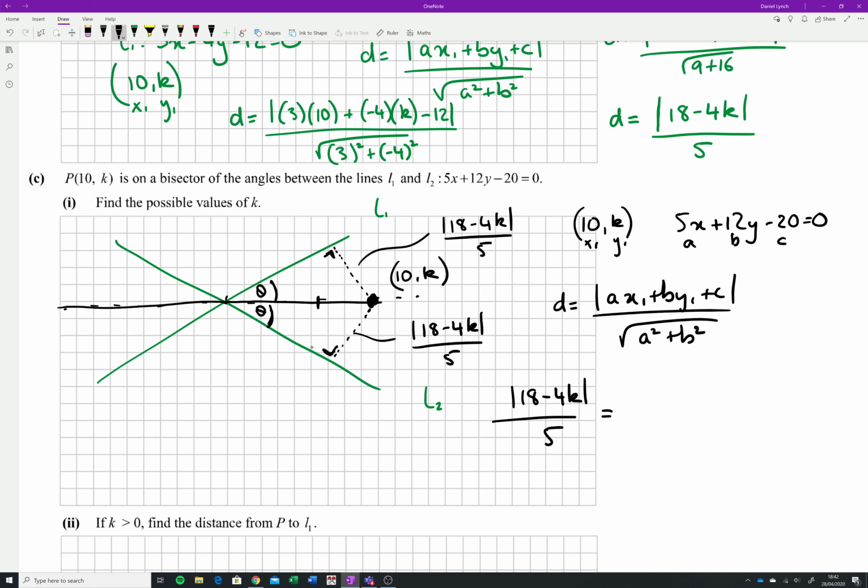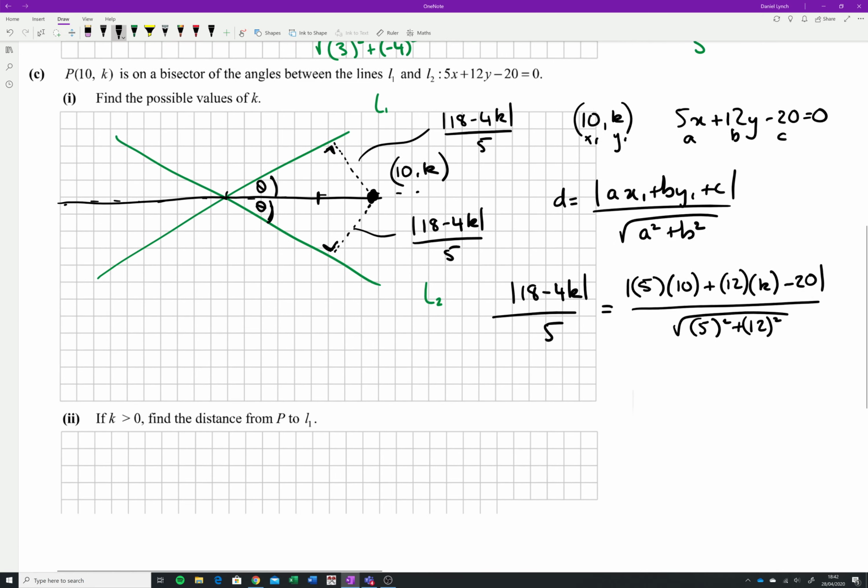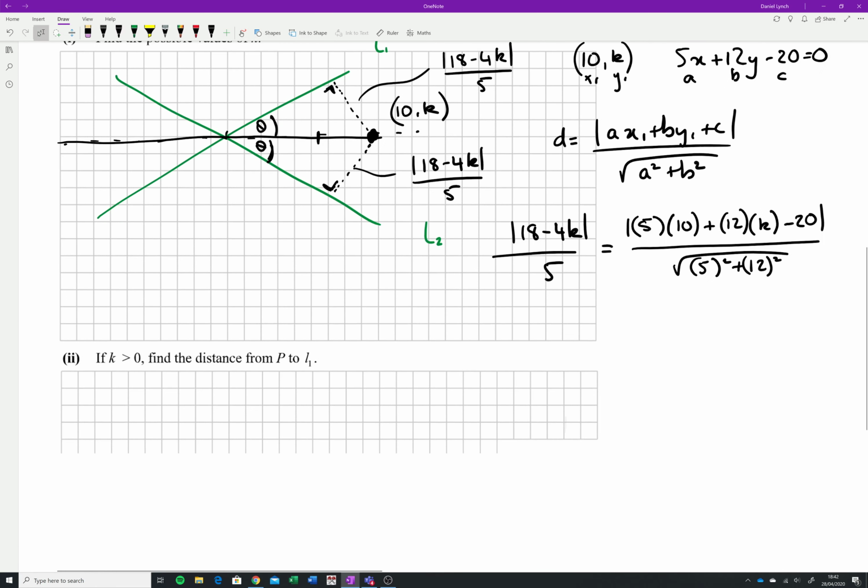And it's also equal, using our new piece of information, to the absolute value of a, which is 5, times x1, which is 10, plus b, which is 12, times y1, which is k, plus c, so we're adding on a minus 20, all over the square root of 5 squared plus 12 squared. You should actually memorize that particular one off by heart.